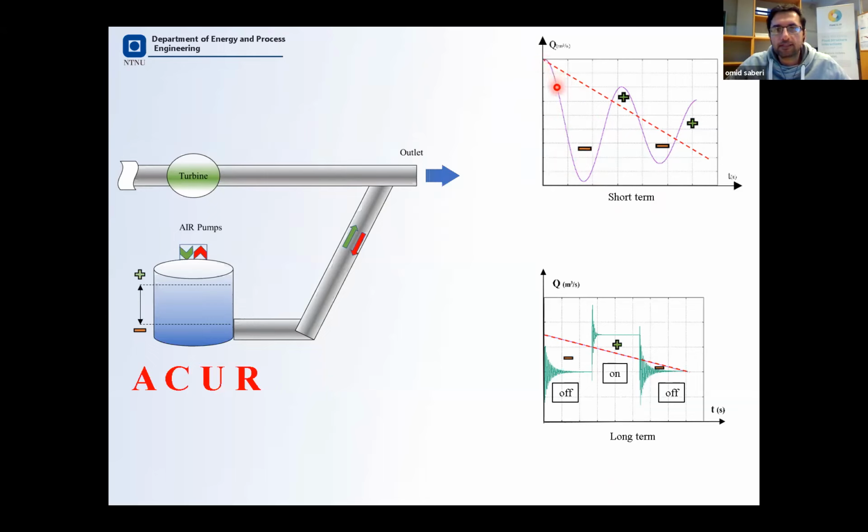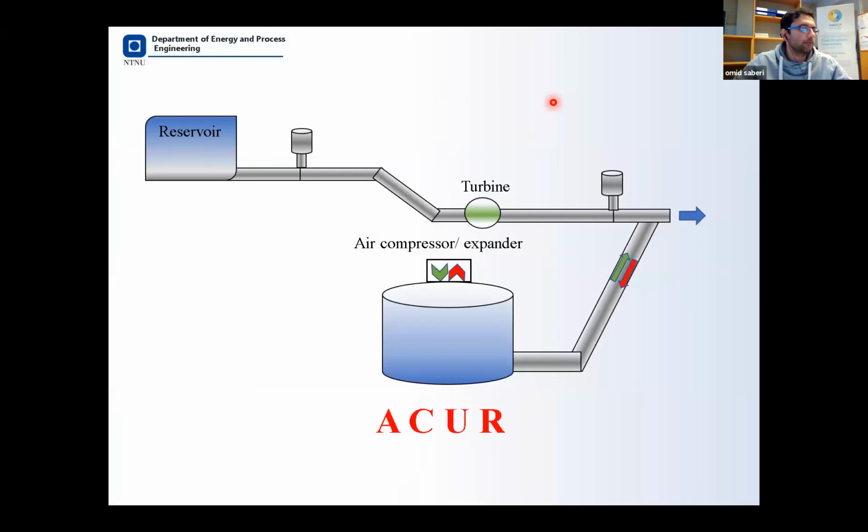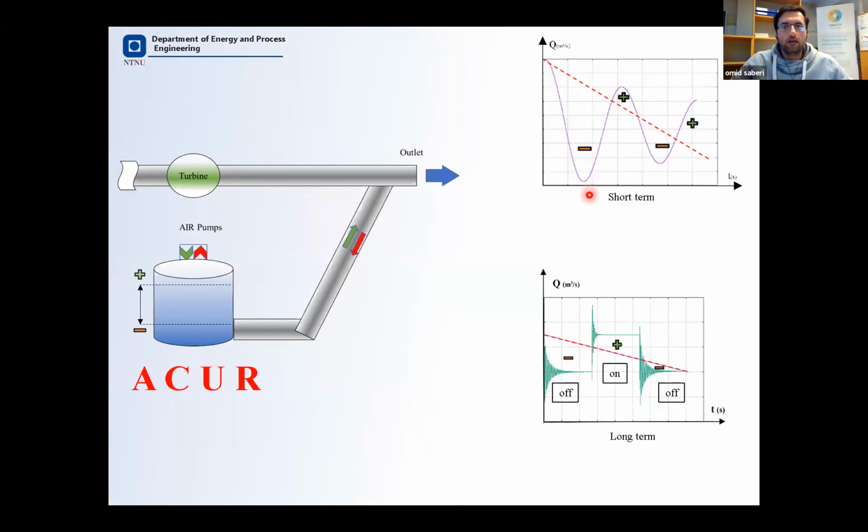If we consider the purple line as the outflow of the hydropower and the red line as the target outflow of the Occur system, Occur will change the purple line to the red line by filling this gap with water from the reservoir, because this is a pressurized reservoir, and also storing this upper part of the line into the reservoir.